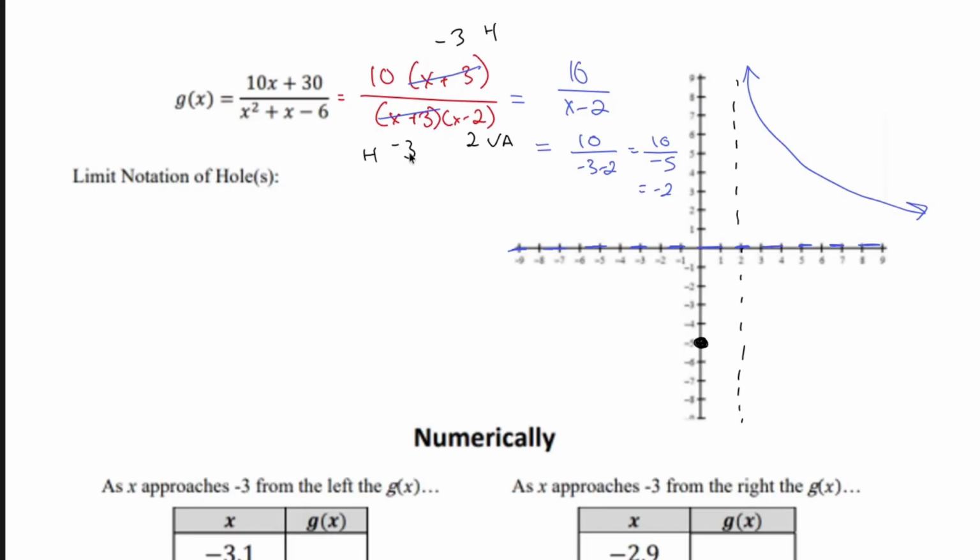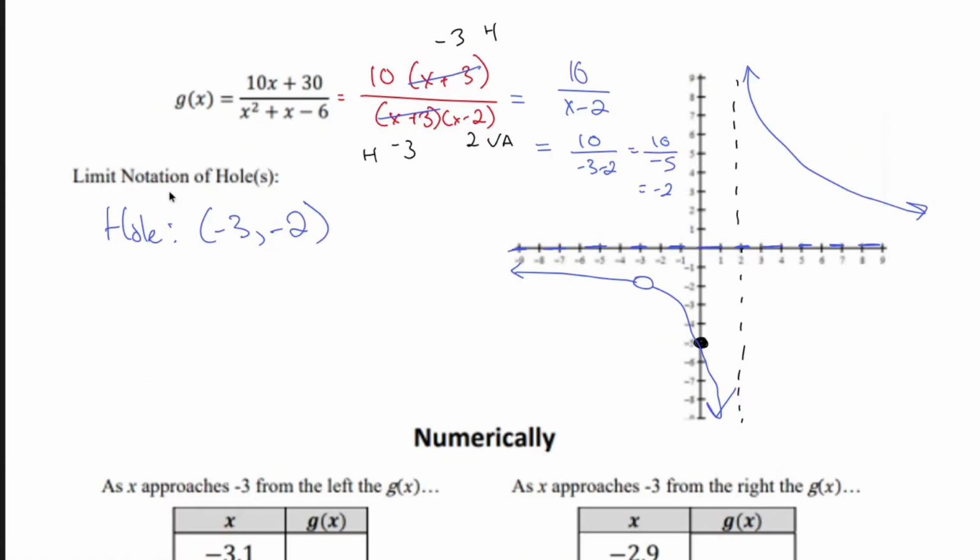So when I plug in negative 3, I get negative 2, which means I have a hole at negative 3, negative 2. A hole is going to live right there, so you are going to look something like this. Terrible, but you get the idea.